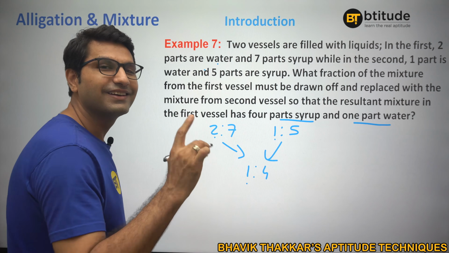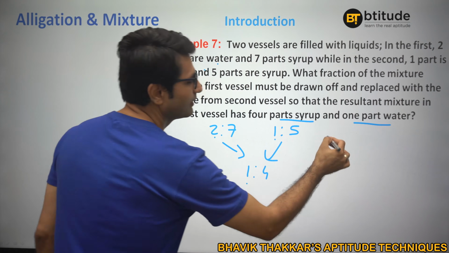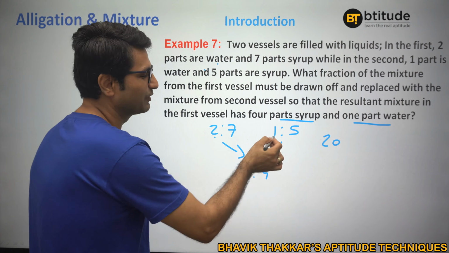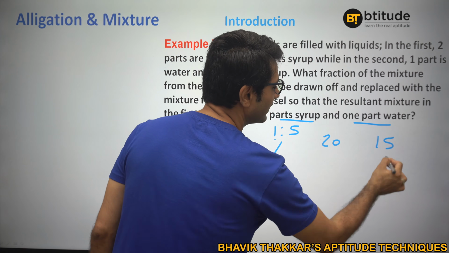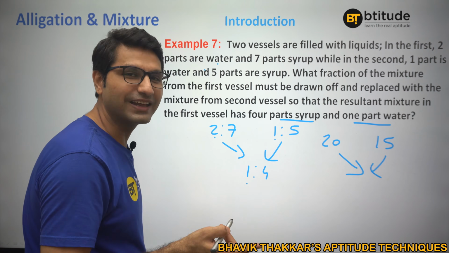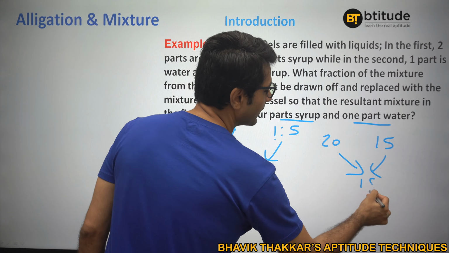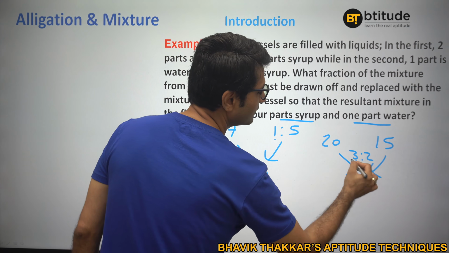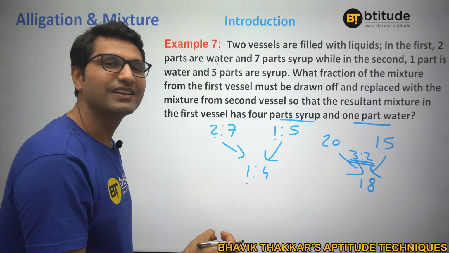Total is 9 into 10, so 2 into 10 is 20. Total is 6 into 15, 1 into 15 is 15, and 5 into 18 is 90, so 1 into 18 is 18. Difference is 3. Difference is 2. So this is the ratio in which they are getting mixed.